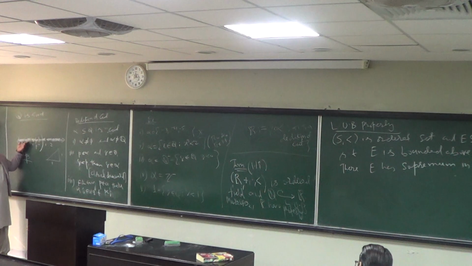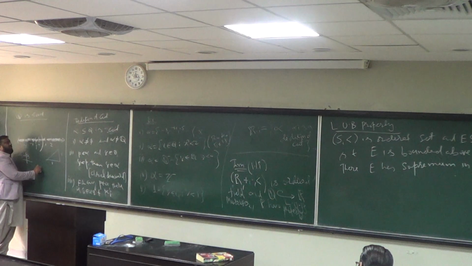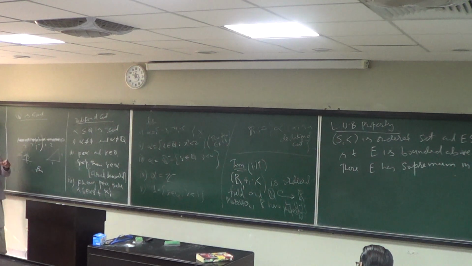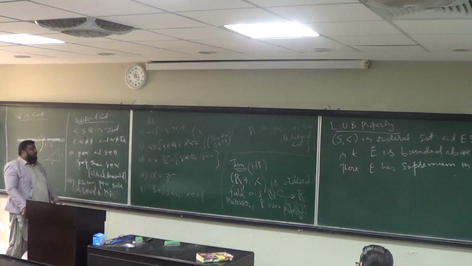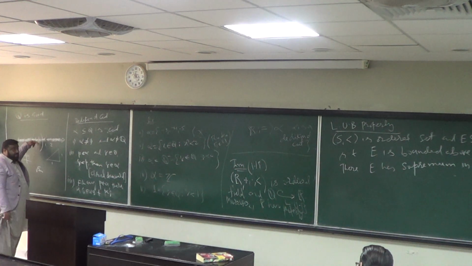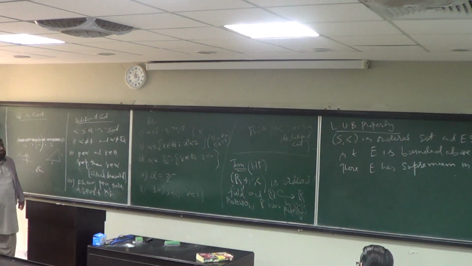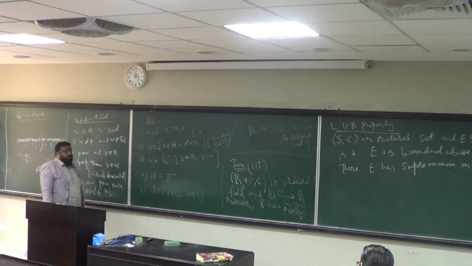You just take their supremum, and this supremum is something that is not in Q. We're going to name it square root of 2, and hence square root of 2 is going to fill this gap which was left behind by Q. And it's just coming due to the least upper bound property.